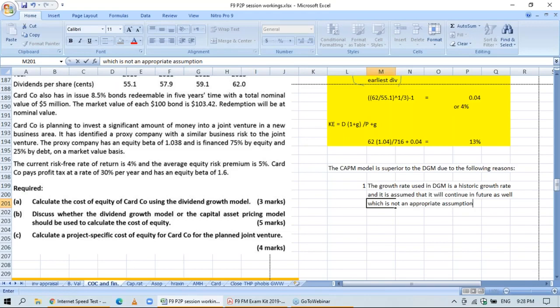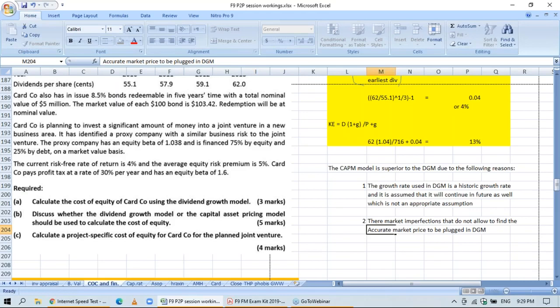Secondly, there are market imperfections that do not allow us to find the accurate market prices to be plugged in the dividend growth model.